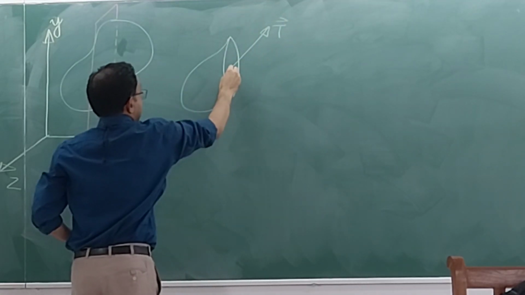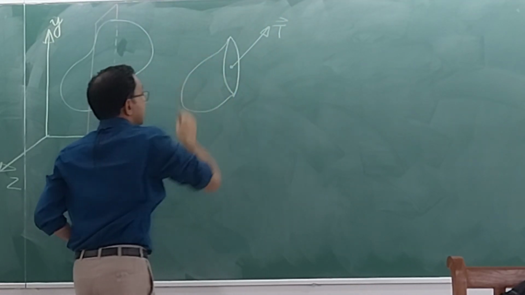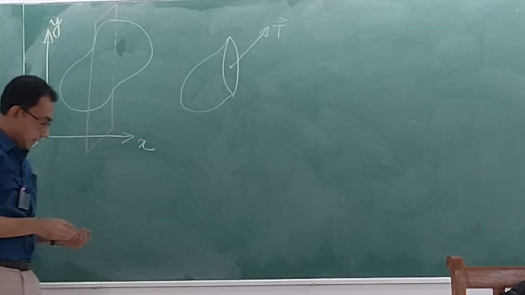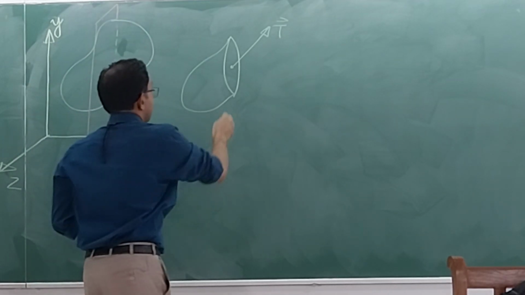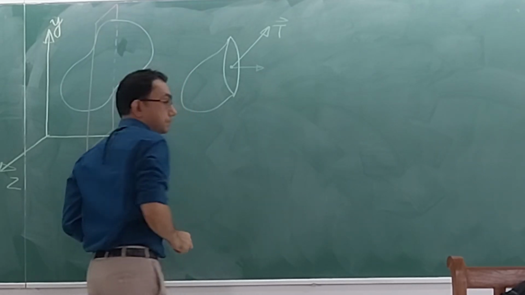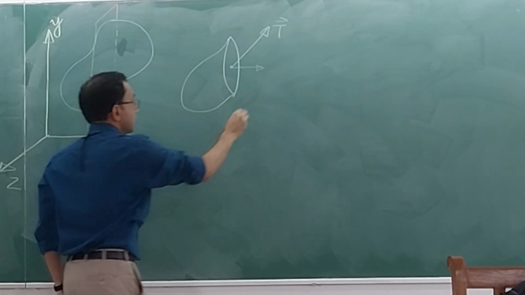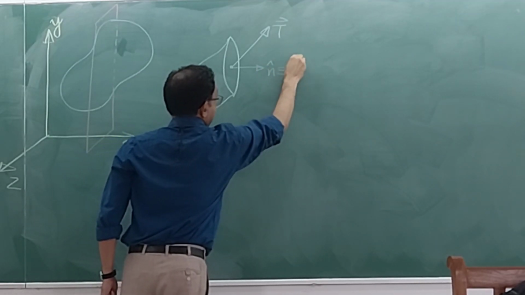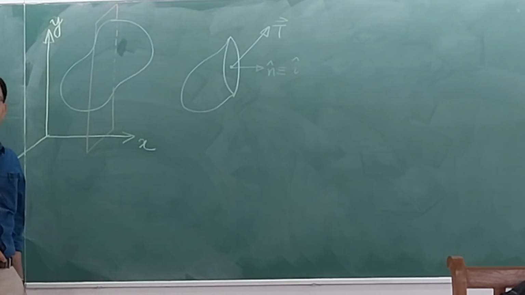This is the traction vector at this point. And this is the n hat, and n hat is what? This is the I hat. I hope nothing should be unclear up to this point.